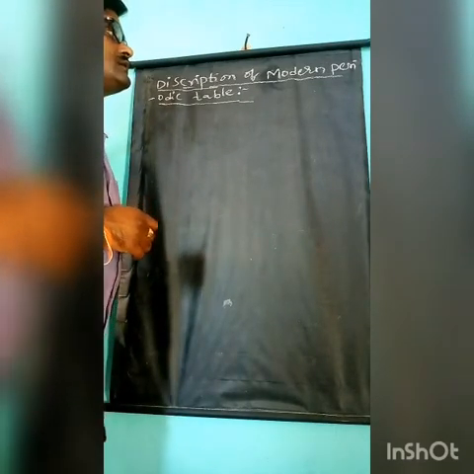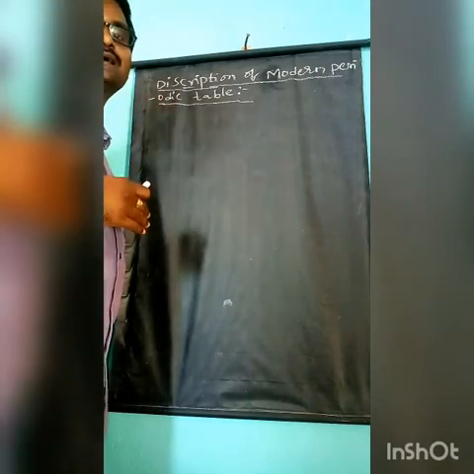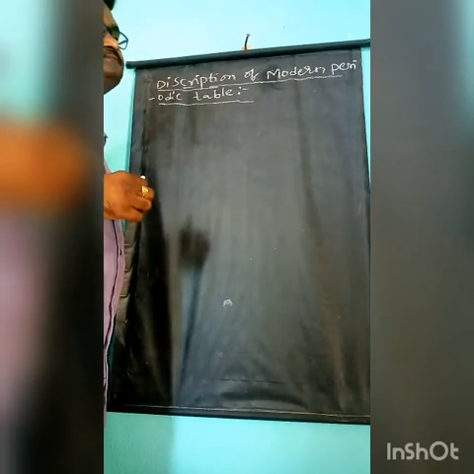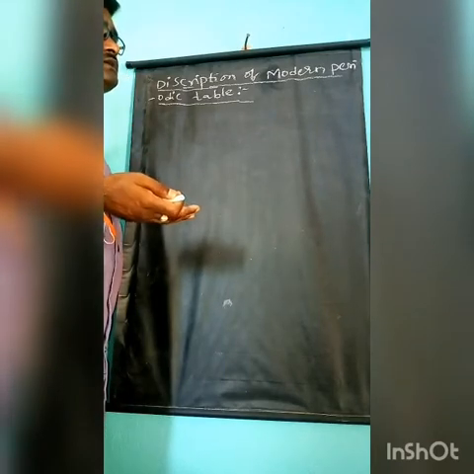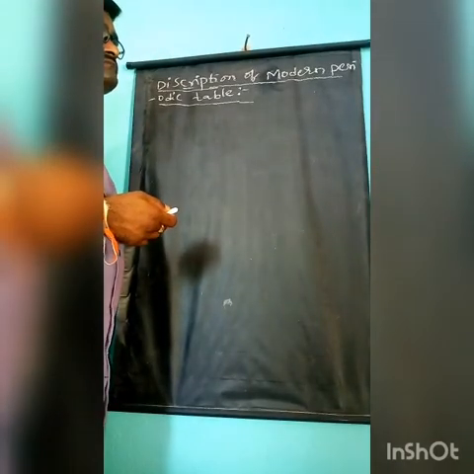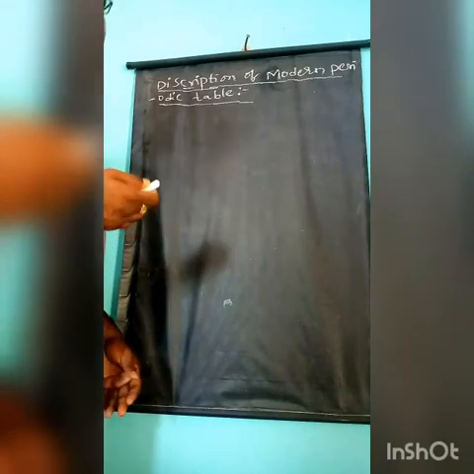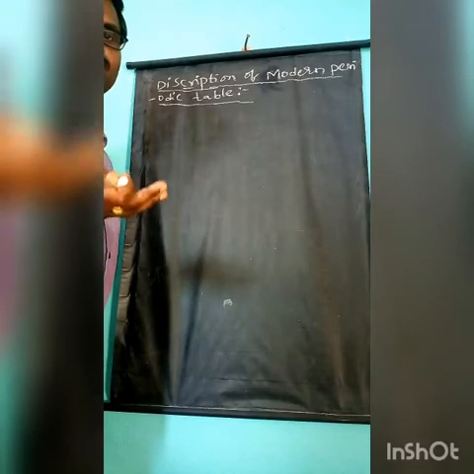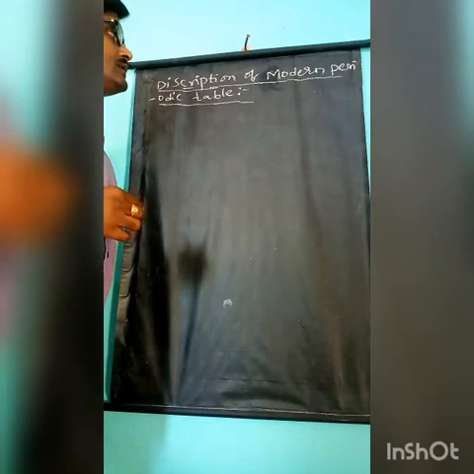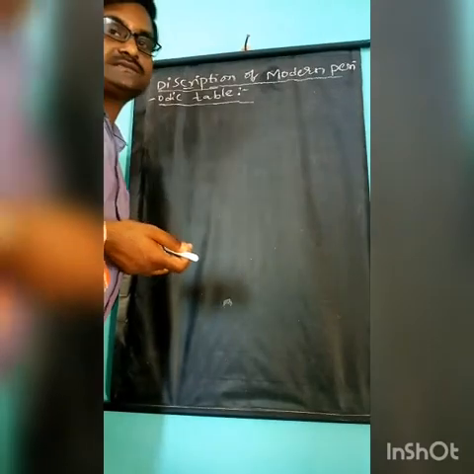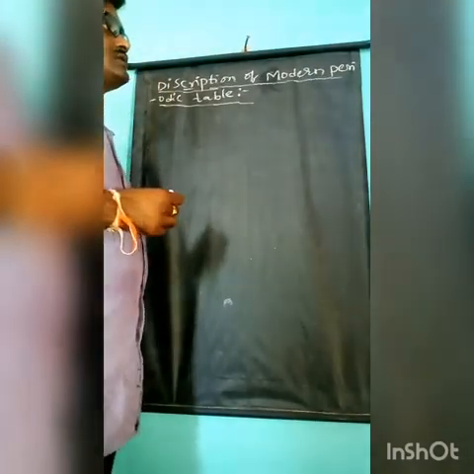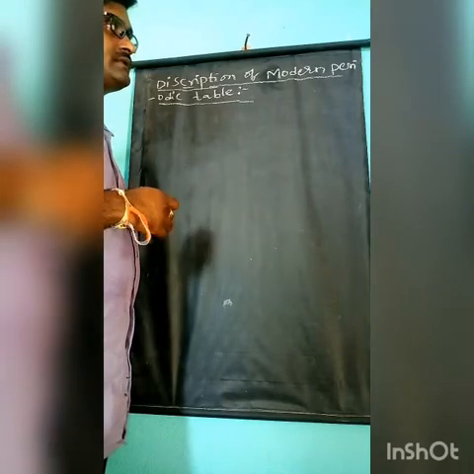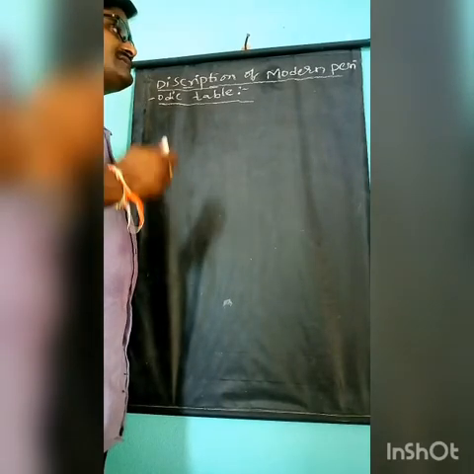So this modern periodic table is also called Bohr's periodic table because it follows the scheme of Bohr's rules, and it is a description of Werner and Bohr-Bury and also Range.